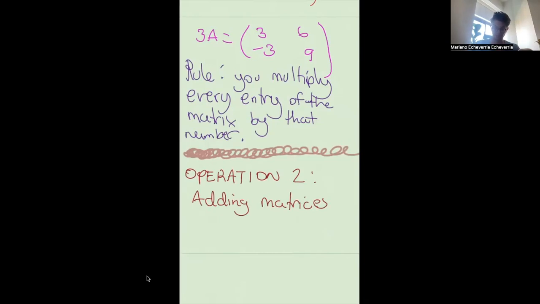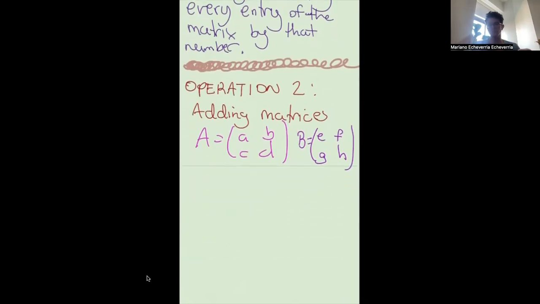For example, if A is [a, b, c, d] and B is [e, f, g, h], if you had two matrices like that, what you want the matrix addition to be is just the matrix that you would get by adding the entries together.